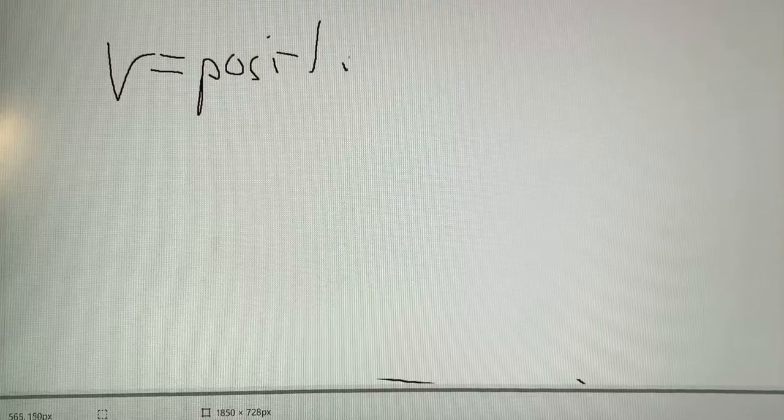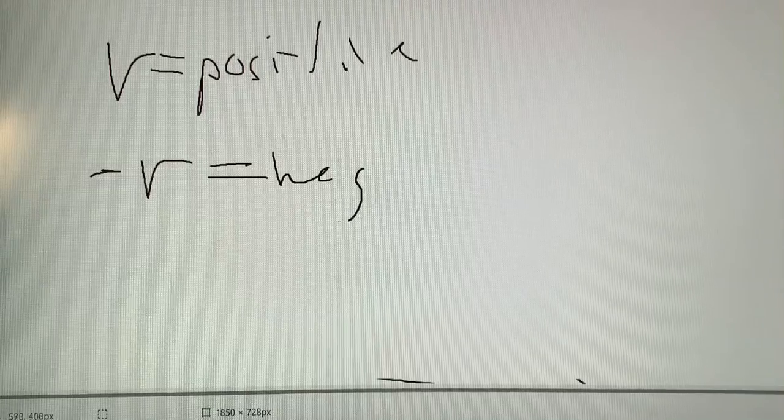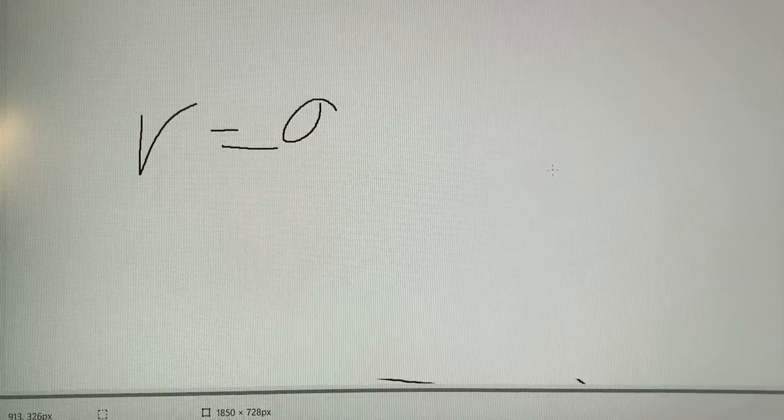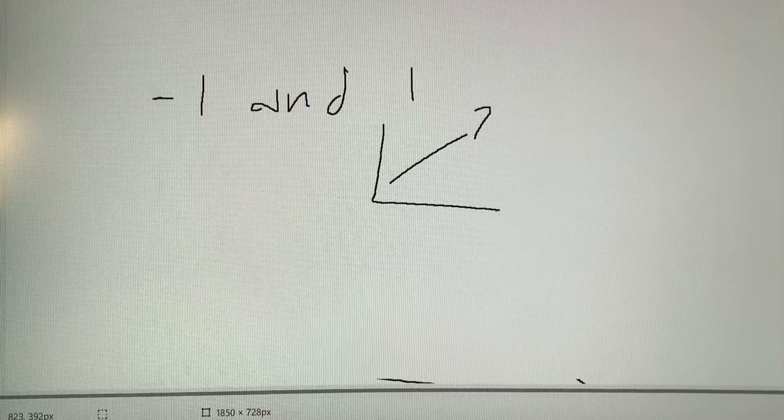If r is positive, then we have a positive association. If r is negative, then we have a negative association. And when r equals 0, we have no association. Our values are between -1 and +1, -1 being a perfect negative linear association, and +1 being a perfect positive linear association.